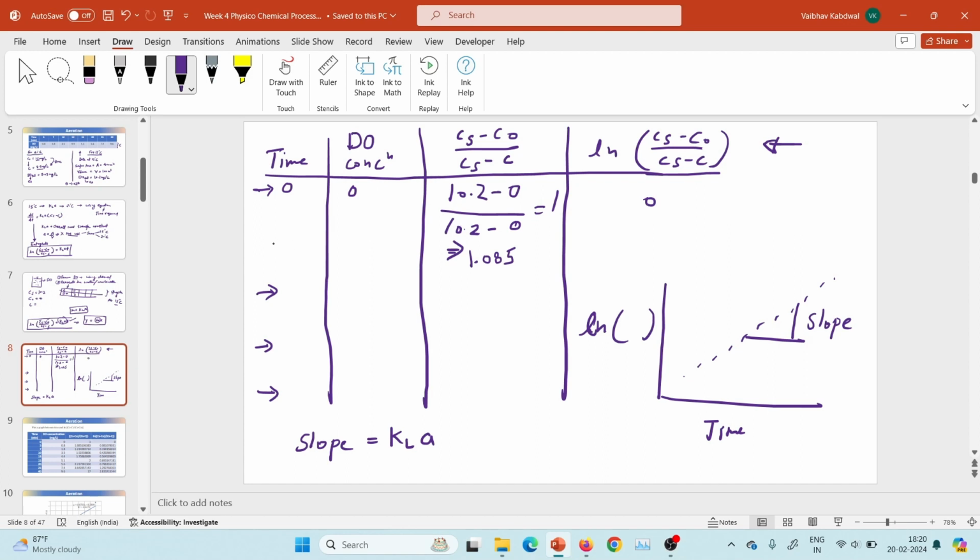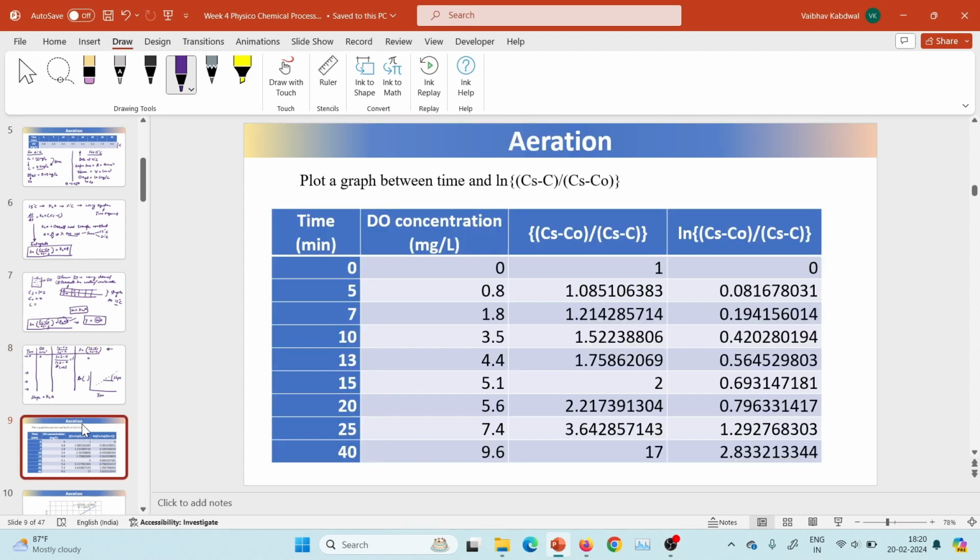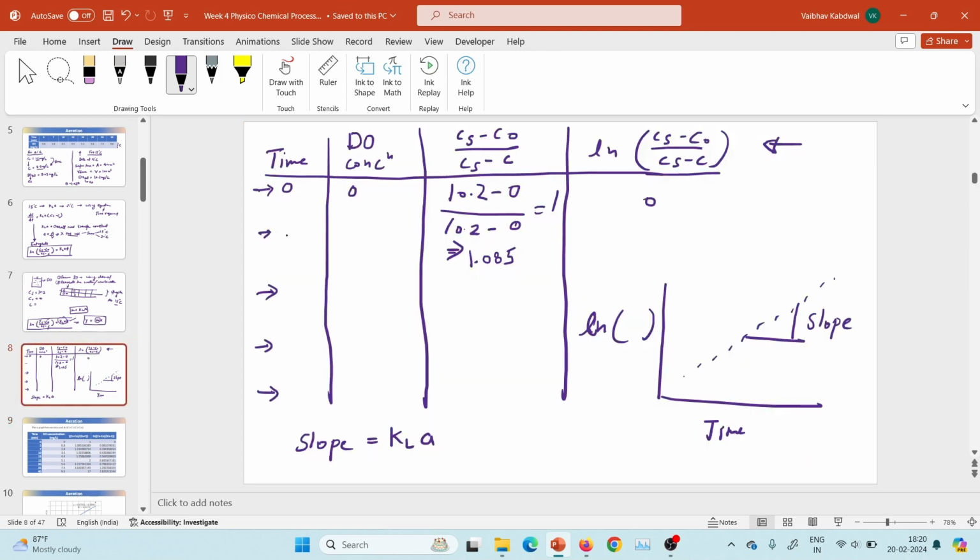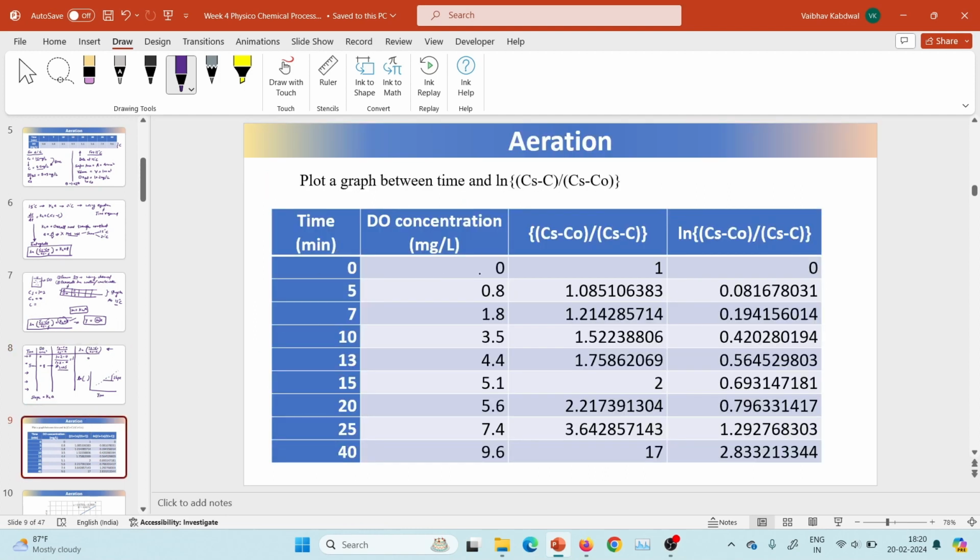Then the second value at 5 minutes will be this value. Now it is correct. This we understood. These two values we have calculated for 0 and 5. Likewise we will calculate it for all the time intervals, and then we will plot the graph.